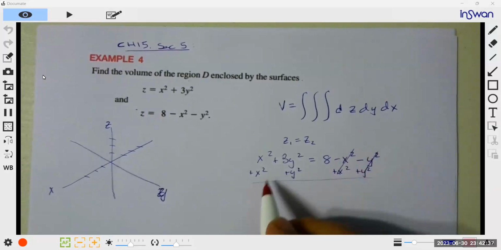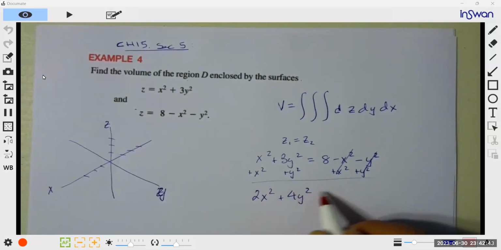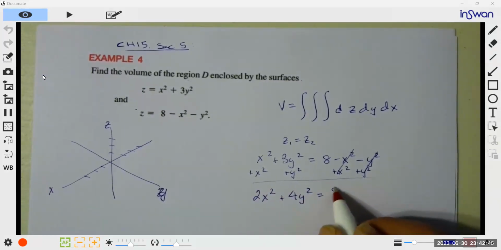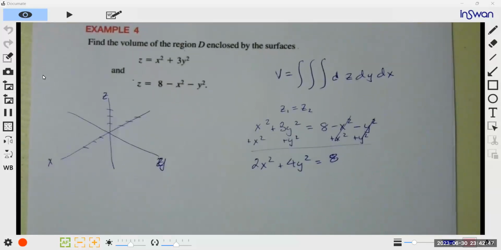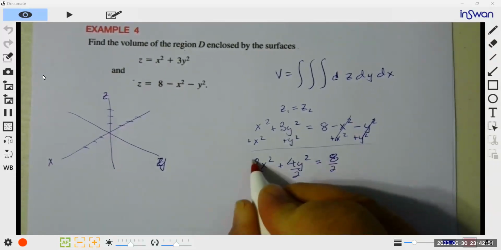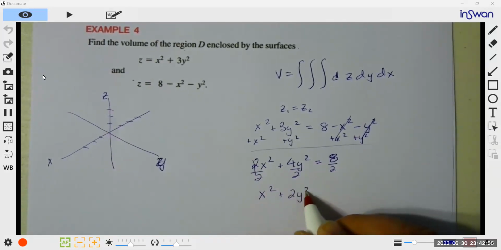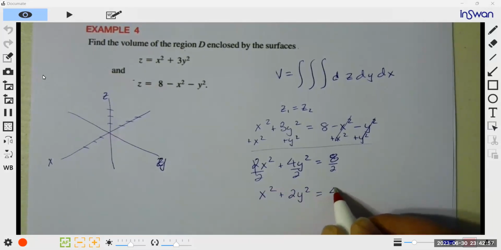Those cancel, which gives us 2x squared plus 4y squared equals 8. They're all a factor of 2, so we can divide by 2. So x squared plus 2y squared equals 4.